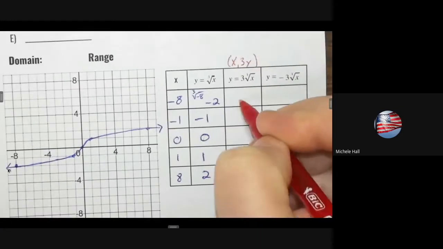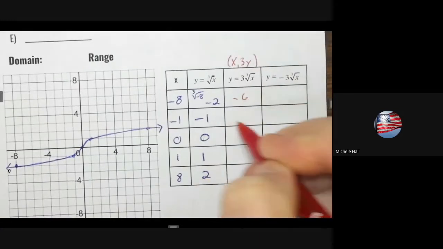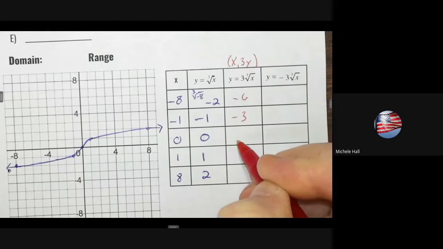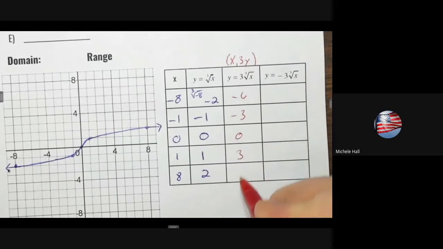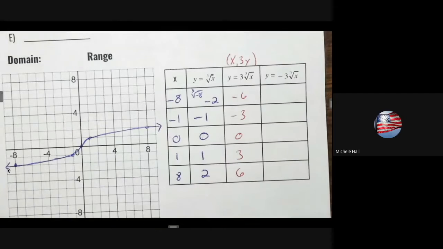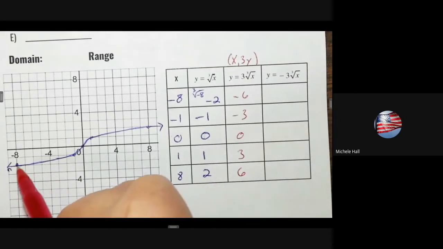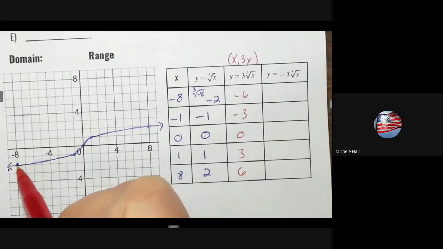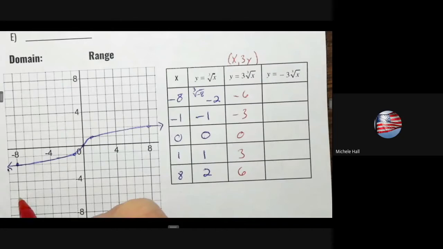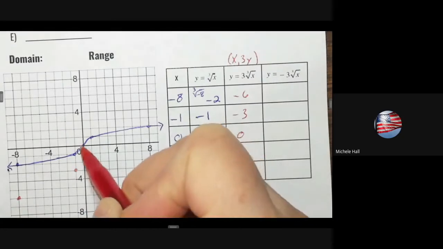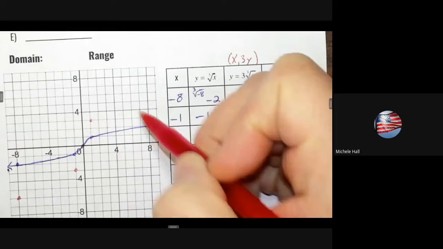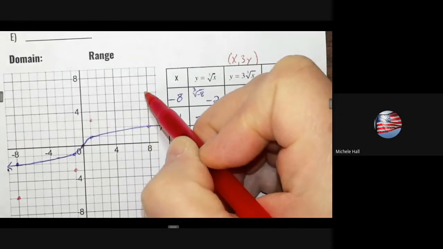3 times -2 is -6. 3 times -1 is -3. 3 times 0 is still 0. 1 times 3 is 3, and 2 times 3 is 6. And so we are vertically stretching these. -2 becomes -6. -1 becomes -3. 0, 0, 1, 3, and 8, 6.